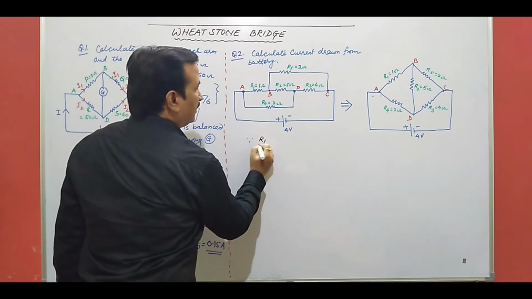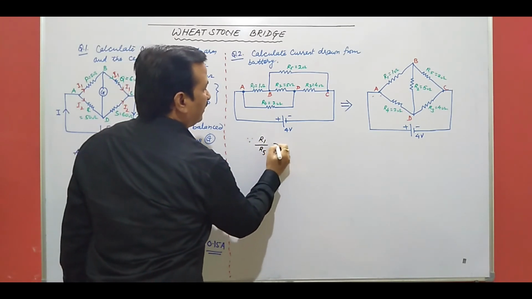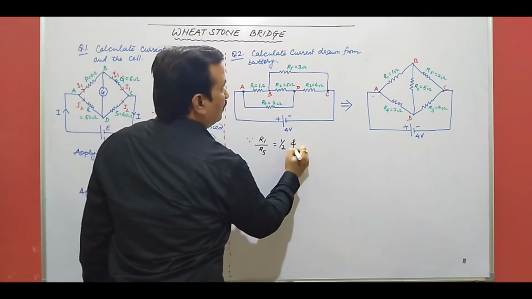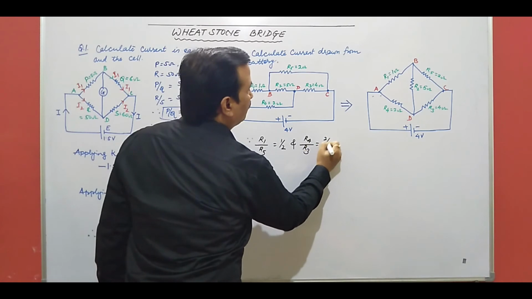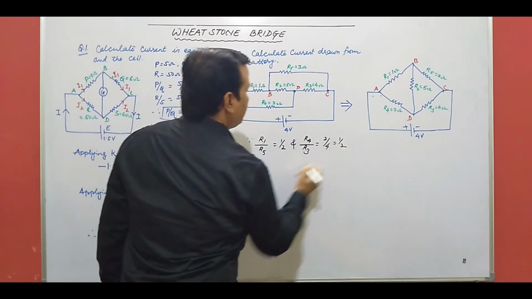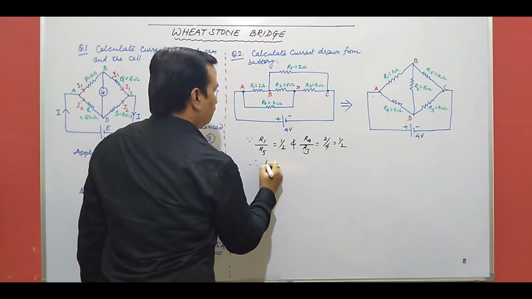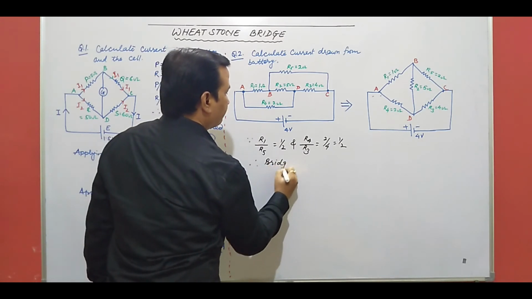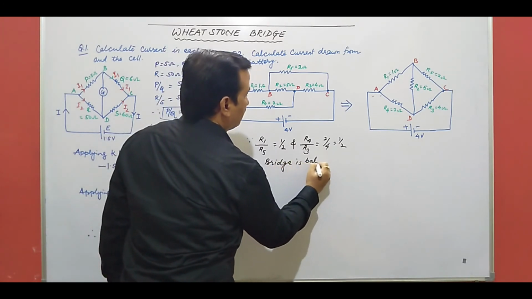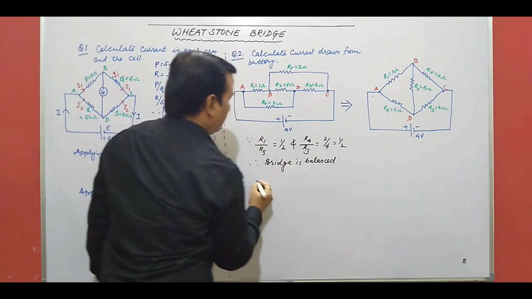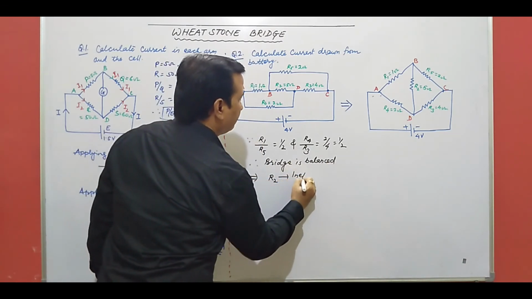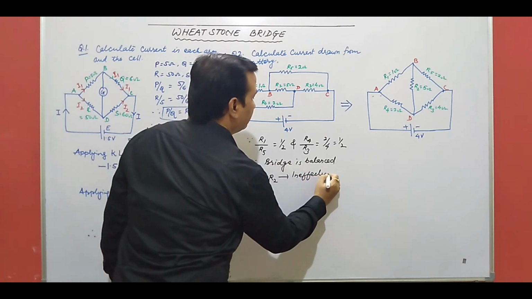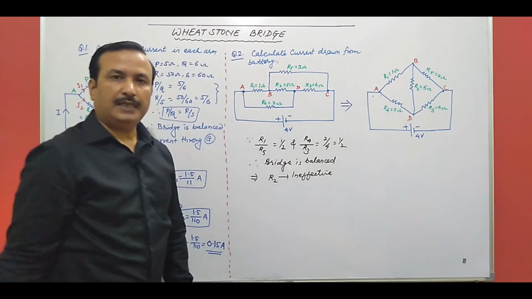Since R1 upon R5 equal to 1 by 2 and R4 upon R3 equal to 2 by 4, again 1 by 2, so therefore bridge is balanced. It implies R2 is ineffective. There will not be any current through it.